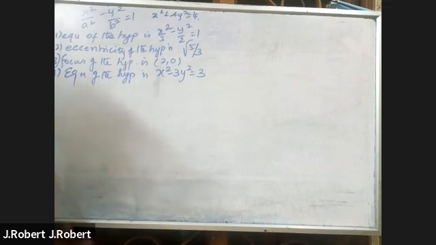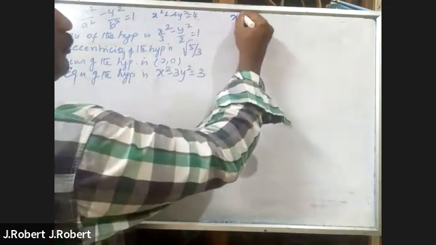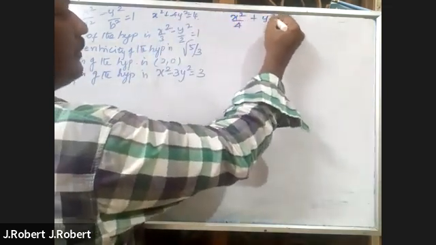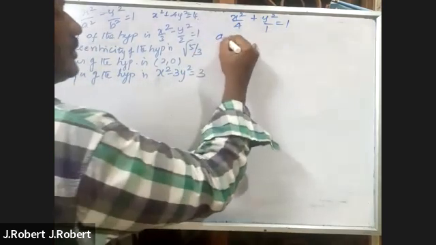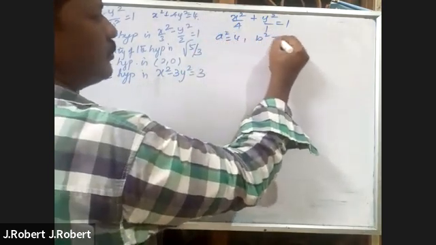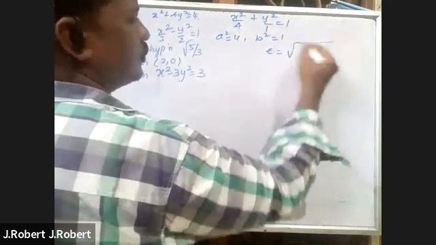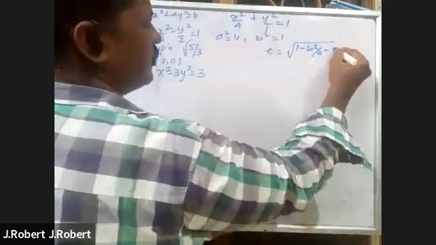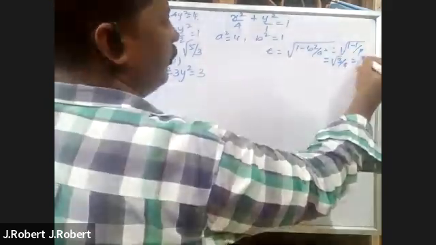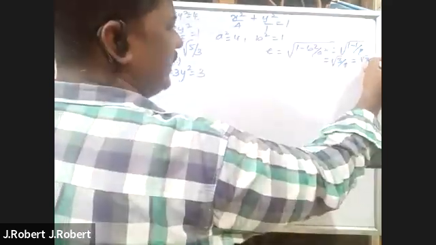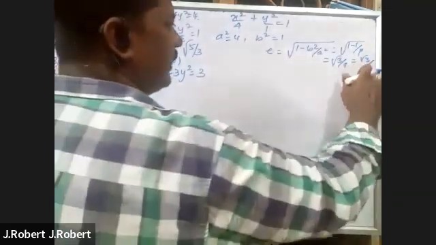For that we need to find the eccentricity. x square by 4 plus y square by 1 equals 1. This is the standard form of an ellipse. From this we get a square equals 4 and b square equals 1. The eccentricity e equals square root of 1 minus b square by a square, which is square root of 1 minus 1 by 4, equals root 3 by 2.